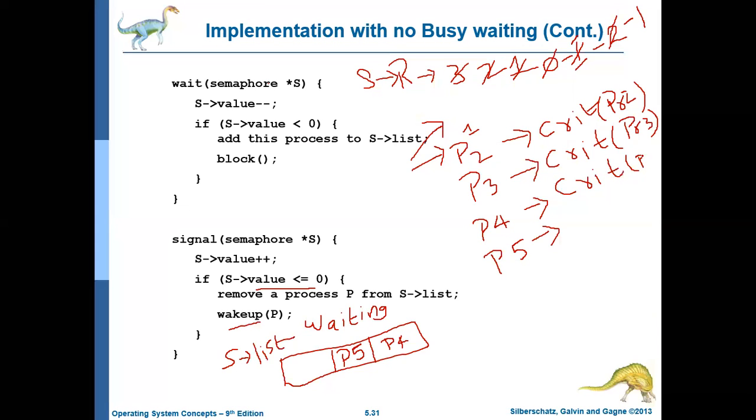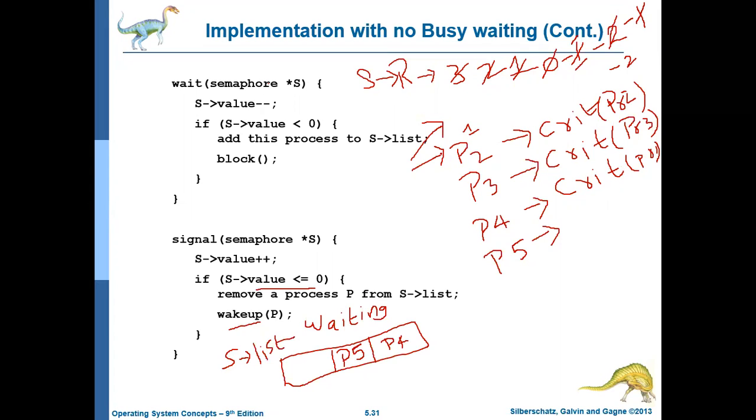If it gets the printer, then this -1 will be decremented, so again it will become -2. Now once again, assume P2 is releasing the printer.